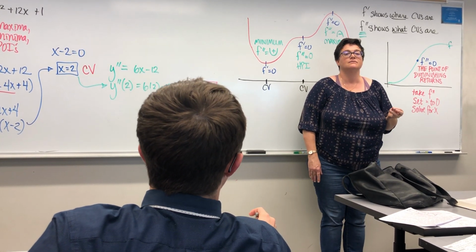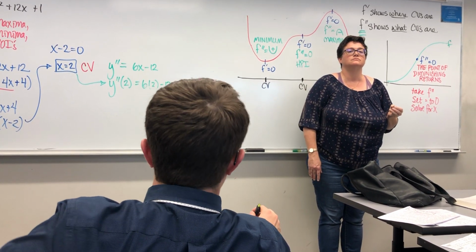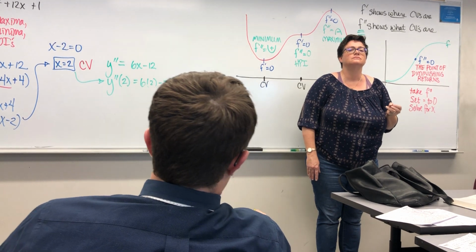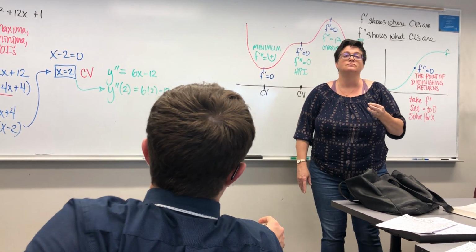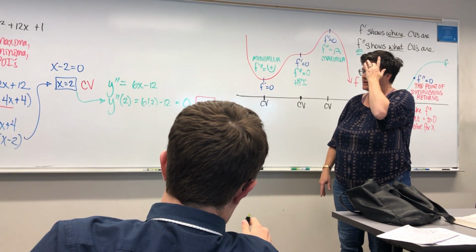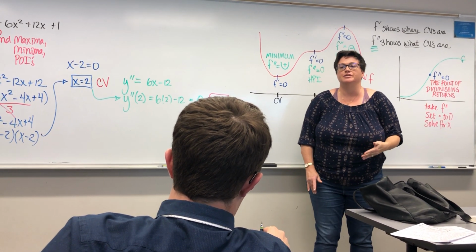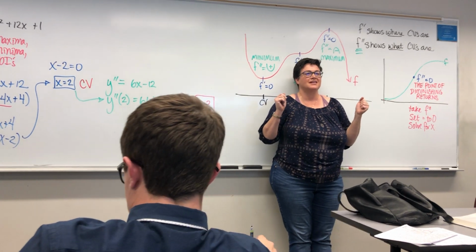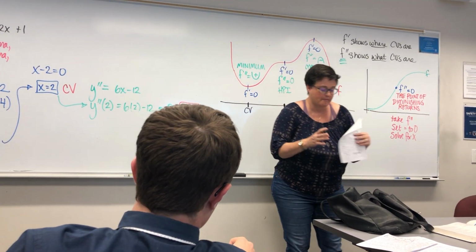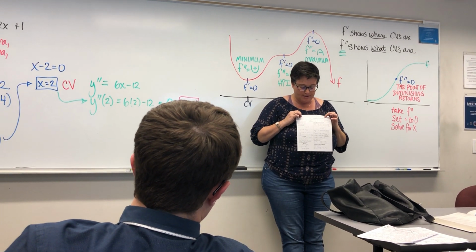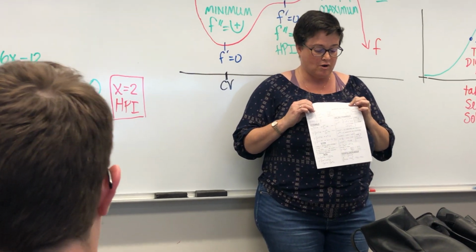How do you know it's the horizontal point of inflection at x equals 2? On your tattoo, it starts out with slopes. The slope part says slopes can be positive, 0, or negative.